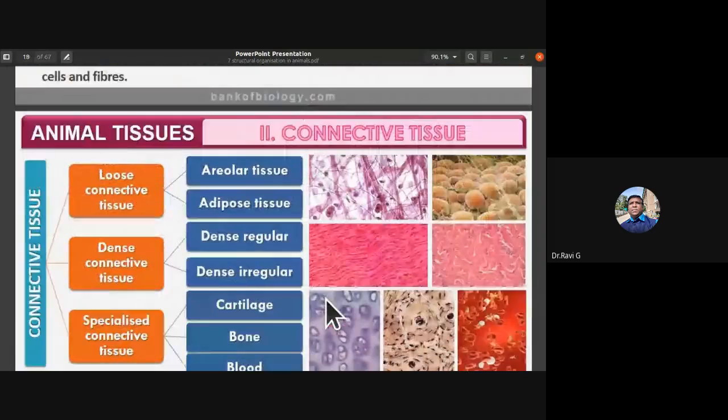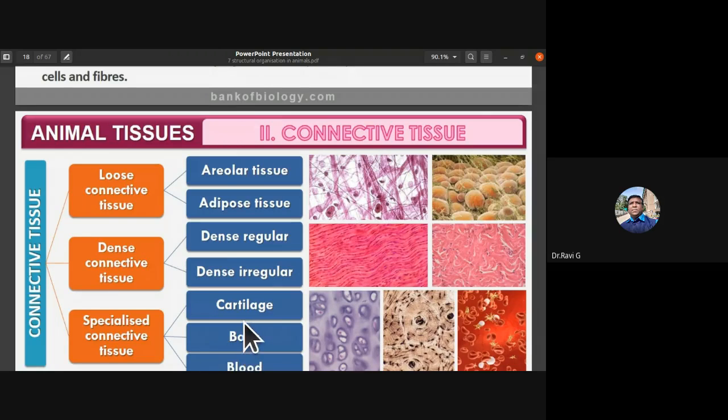The loose connective tissue, areolar tissue and adipose tissue, we have already discussed. Then we discussed the dense regular, where we discussed the ligaments and tendons. Dense irregular, we discussed the connective tissue present in the skin, where fibroblasts and the collagen fibers are irregularly arranged.